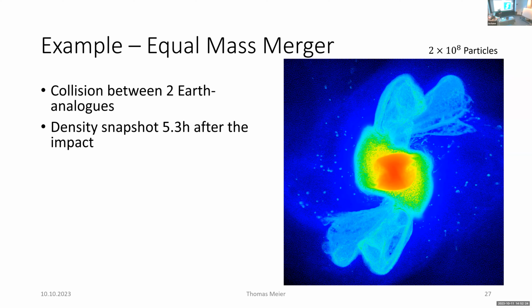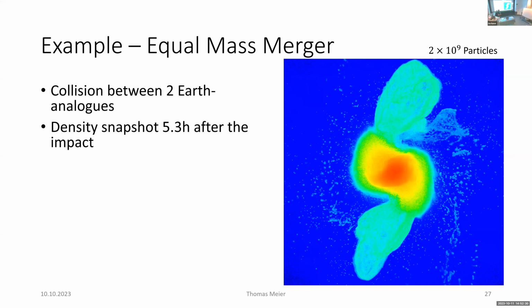Once you start to resolve the turbulence, you get chaotic motion. At this resolution of 2 billion particles, we already lost so much of the symmetry that the core doesn't even look symmetric anymore. It's just because during the infall of the initial arms that form, it gets disturbed much more on this side than the other side, just because of the turbulence.